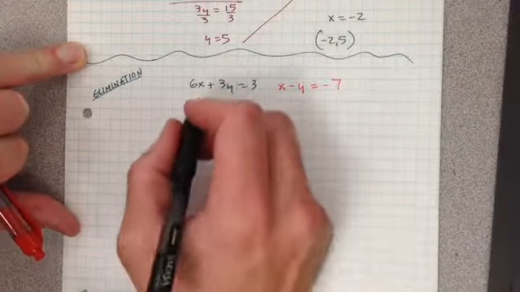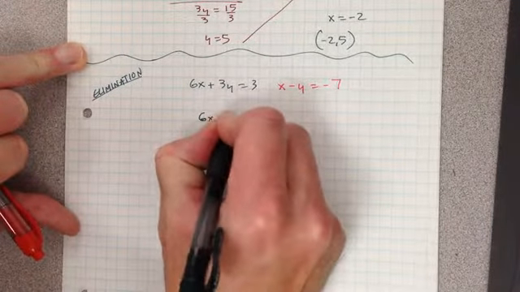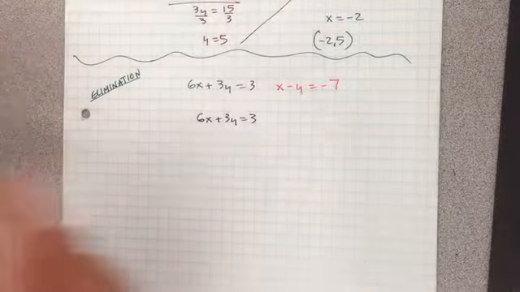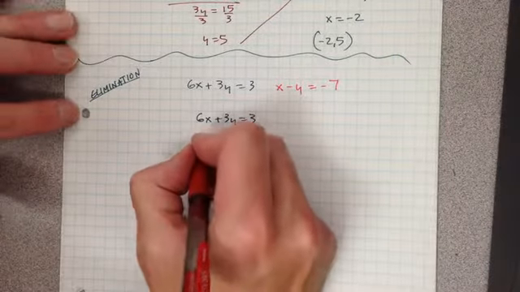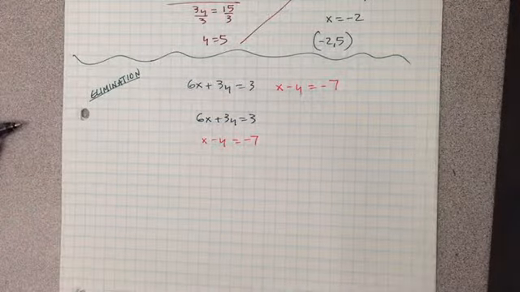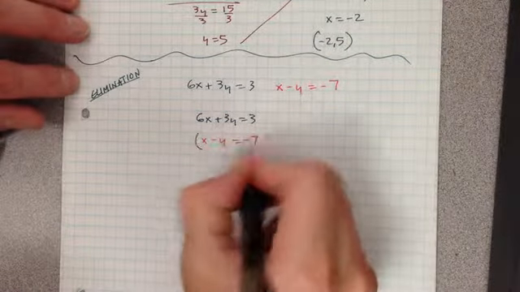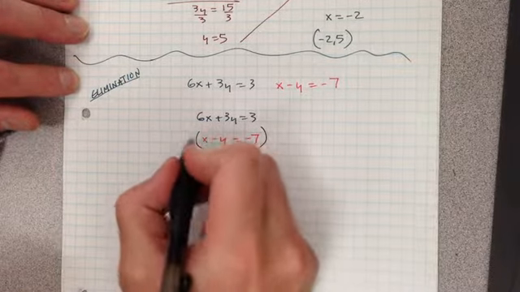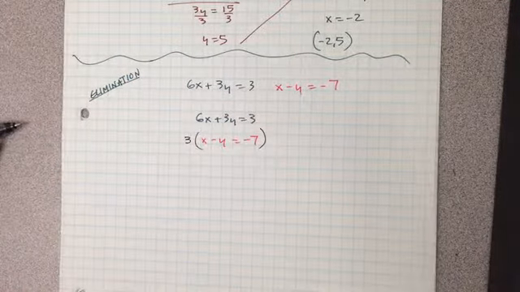So the green doesn't need to change. 6x plus 3y equals 3. The red, on the other hand, x minus y equals negative 7. This red equation, to make my y's cancel, would need to get multiplied by 3.